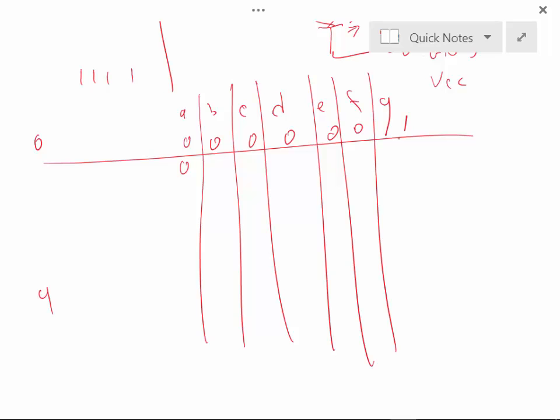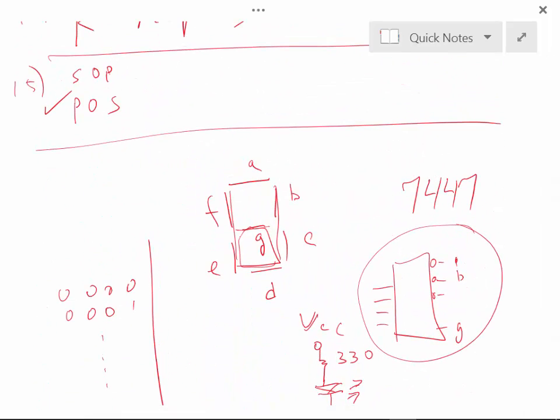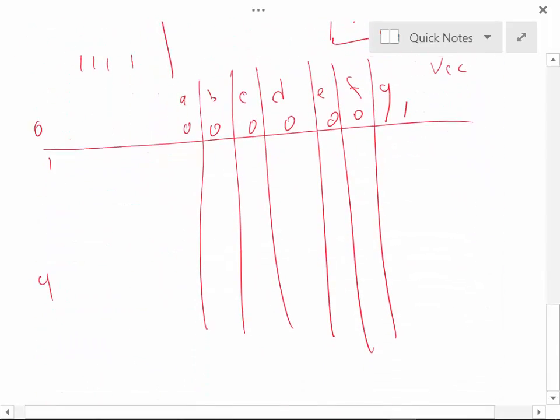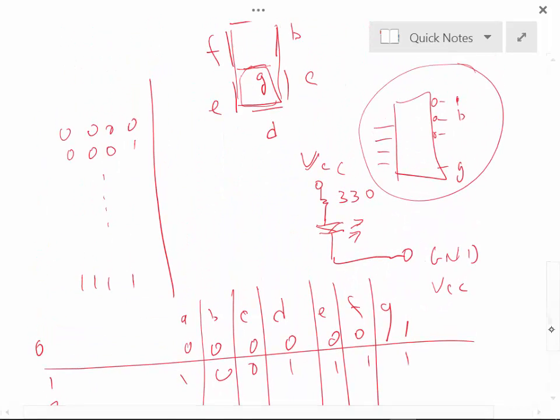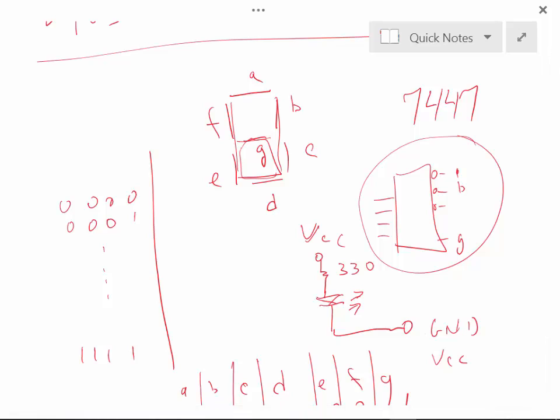The number 1 would be B and C. Everything else is off. 2 would be A, B, G, E, D, that would show the number 2. And that's all a BCD decoder, this 7-segment display driver, does.